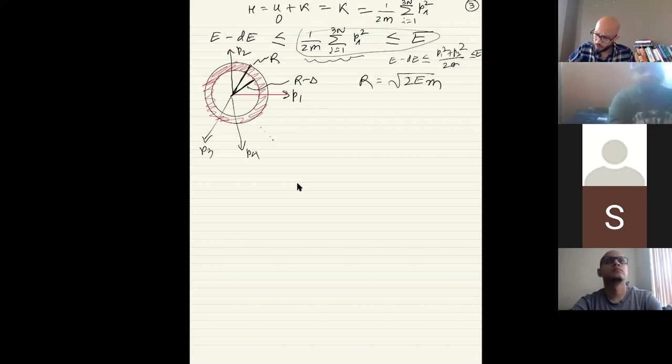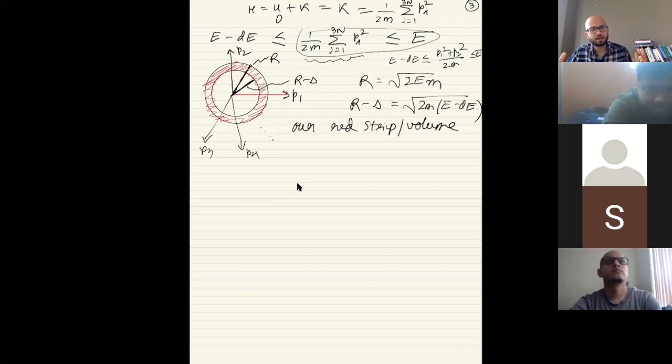And R minus S is equal to square root of 2m(E minus dE). That's what we have. So our red strip or volume, it looks like a strip in 2D, but in high dimension, it is a volume.